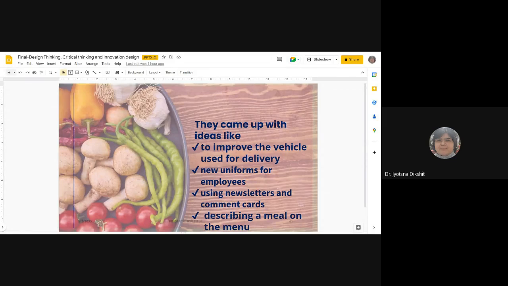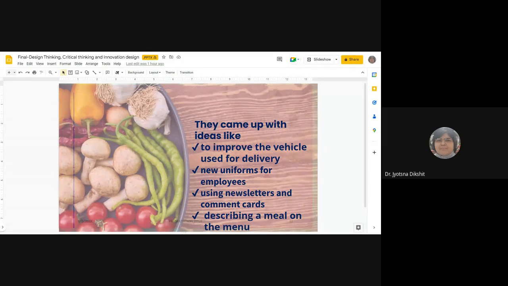So they put attention on them also, to provide new uniforms for employees, using newsletters and comment cards as a feedback mechanism as well as a publicity mechanism, and also describing a meal on the menu. Because in the present situation, for a particular meal, say liver, potatoes, and sauce, this is not something which is very attractive or sounds tempting.